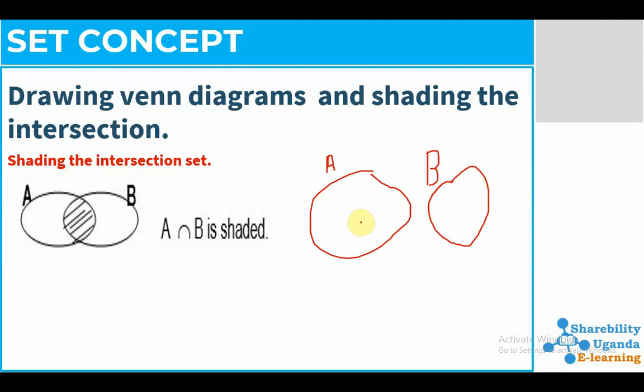In this different set, our set A and our set B, we can show the intersection of these sets.